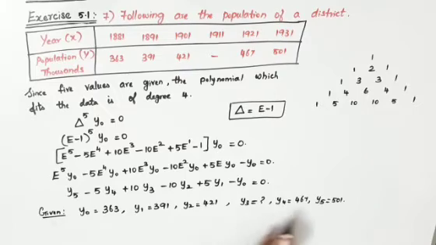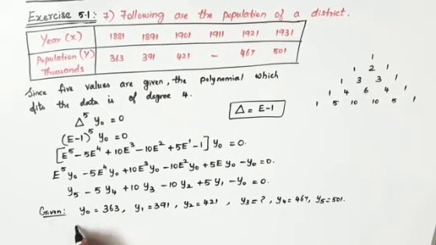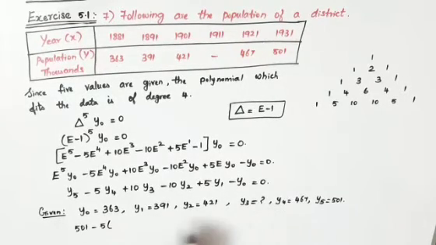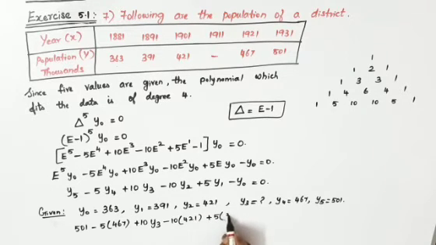Okay. So starting with y5, it is 501 minus 5 into y4 is 467 plus 10 into y3, we'll have to find it, so leave your y3 as it is, minus 10 into y2 is 421 plus 5 into y1 is 391 minus y0 is 363 which is equal to 0.